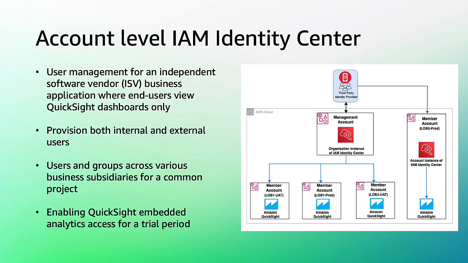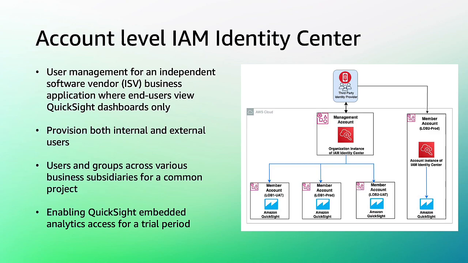This month, we also announced integration of QuickSight with account instance of IAM Identity Center. When I say account instance of IAM Identity Center, it is an identity center instance that is bound to a single AWS account. Account instances are used to manage users and groups in a single AWS account for AWS managed applications like QuickSight or custom managed applications.